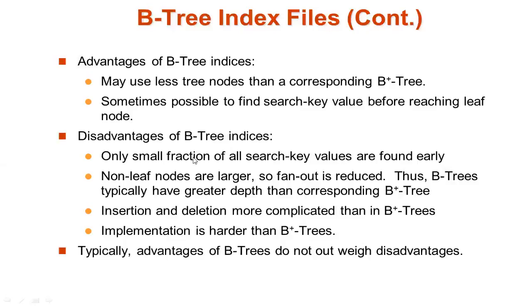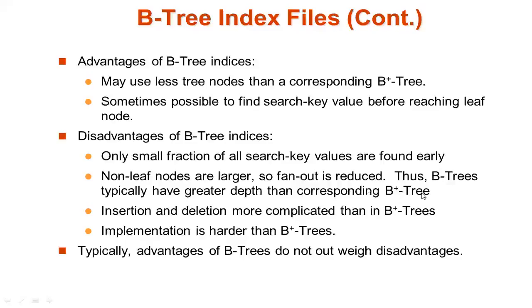What is the disadvantage of the B tree? Only a small fraction of all search key values are found early. So the possibility of finding a particular search key early is very low, and the non-leaf nodes are larger, so fan out is reduced, okay? When you use the B tree, the non-leaf nodes are much bigger in size. Thus B trees typically have greater depth than the corresponding B plus tree.